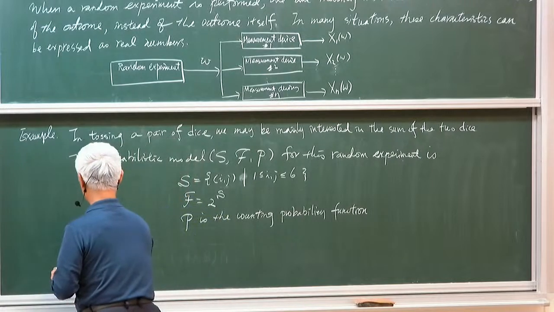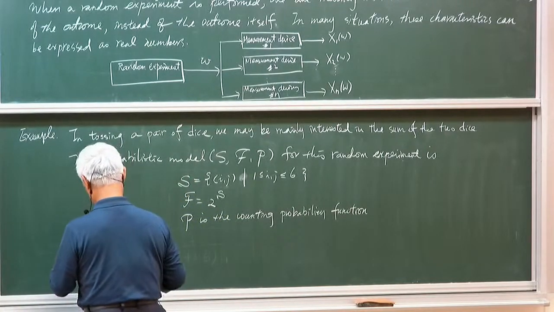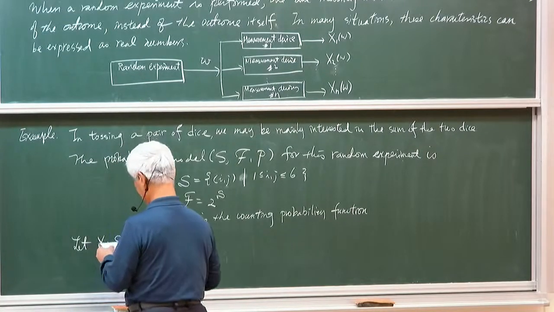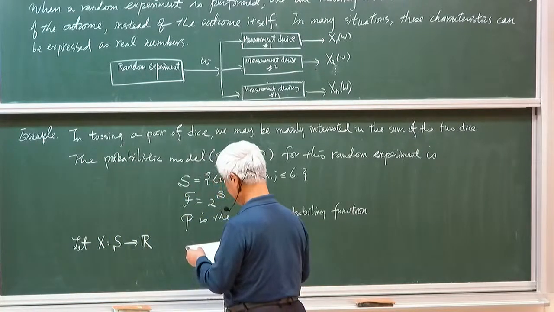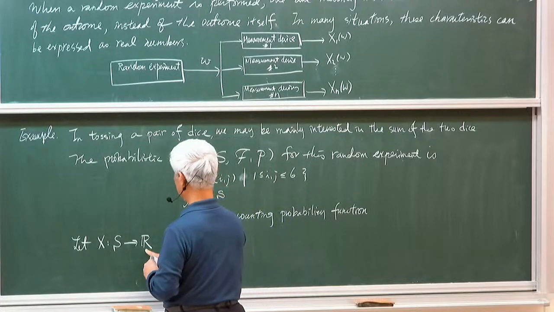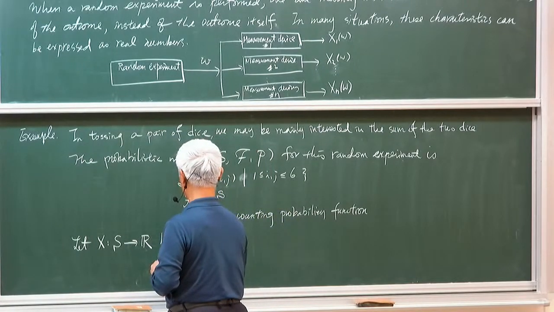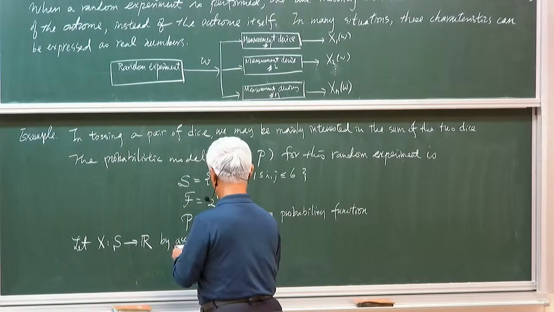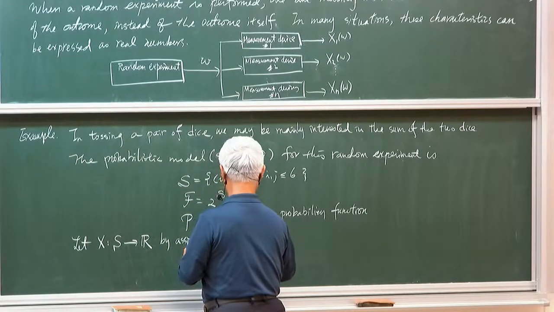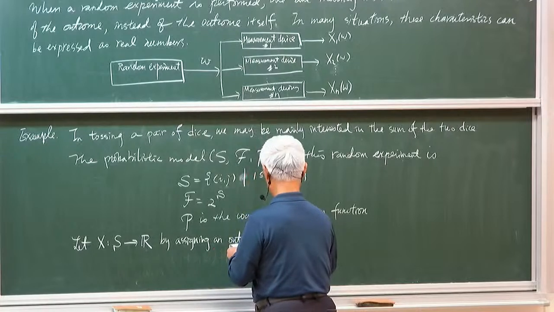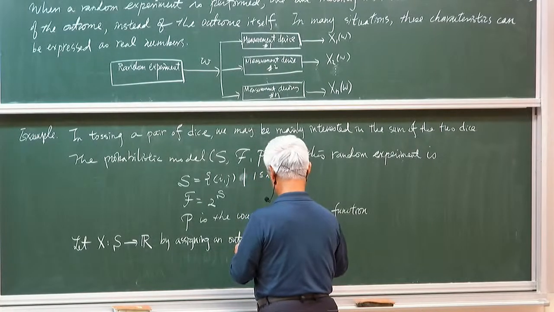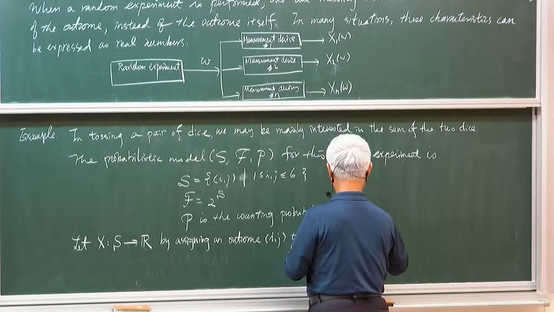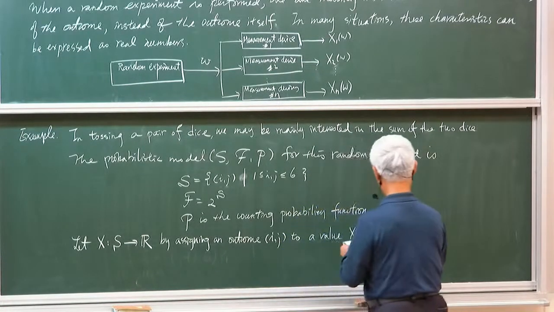All right, and then we let X be a function from the sample space to the set of real numbers by assigning an outcome (i, j) to a value X(i, j) equal to i plus j.